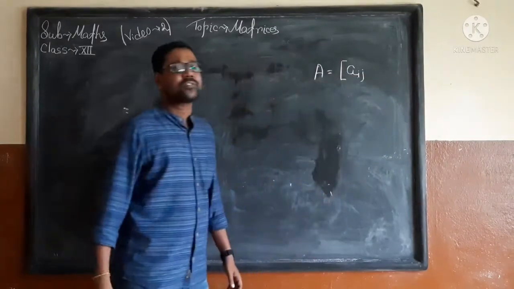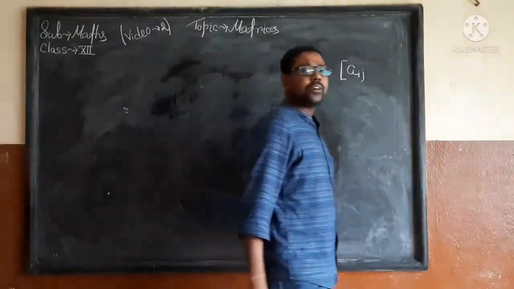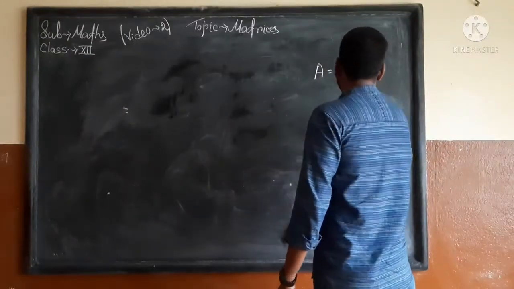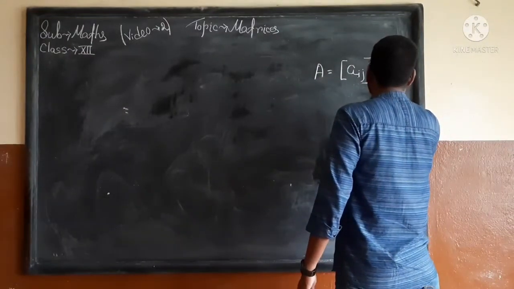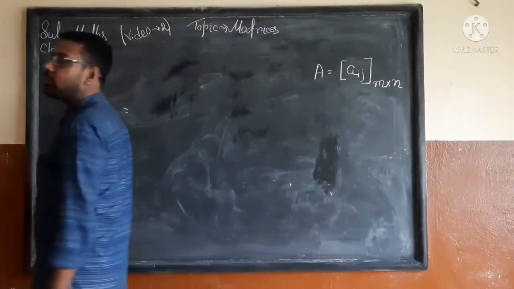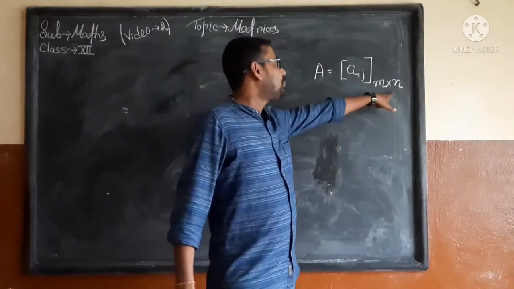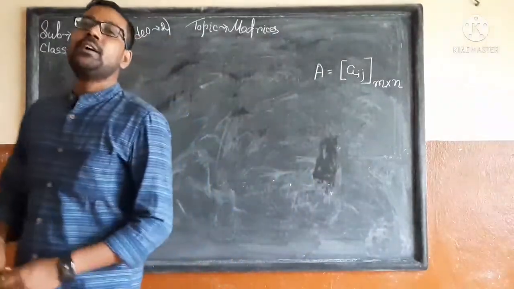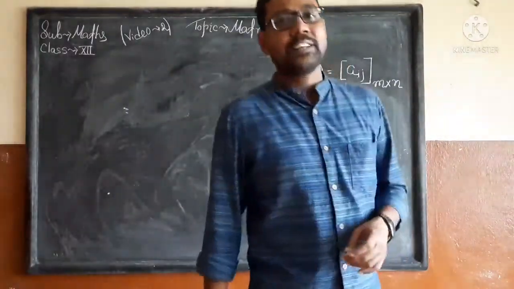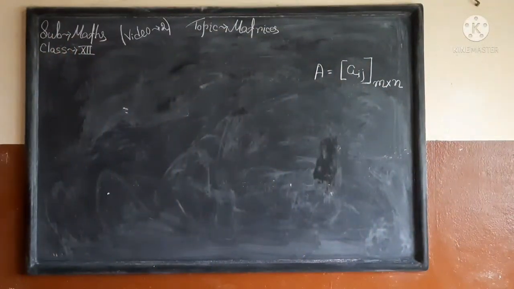That means this I represents the row and this j represents the appropriate column for any particular element, and the order is m cross n. That means m represents the total number of rows of this particular matrix, and n represents the total number of columns of this matrix. Remember all this notation, that is very important to solve your problems.